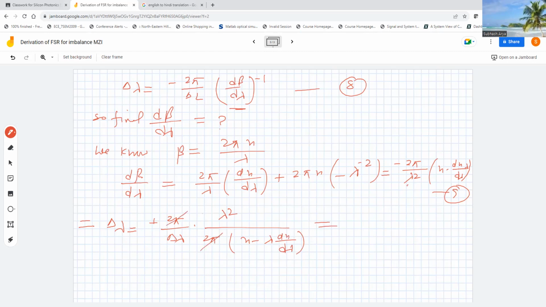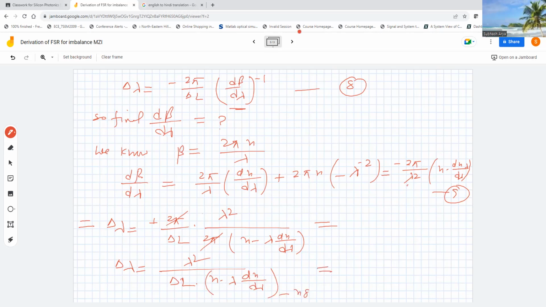So delta lambda is equal to lambda square divided by, here it should be delta L, we have taken it wrong. In equation number 8, this is delta L. So delta L into this expression, n minus lambda dn by d lambda.